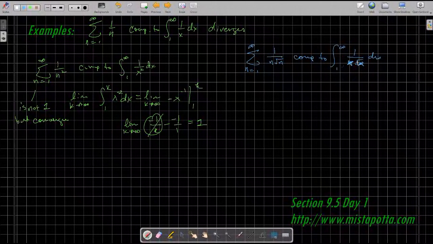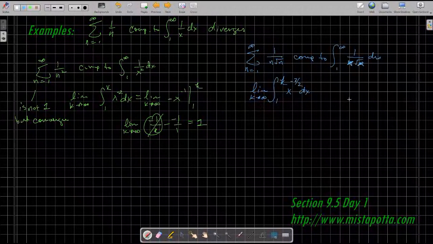But I'm looking at this is really the integral of x to the negative 3 halves, which I'm evaluating from 1 to k as k increases without bound.